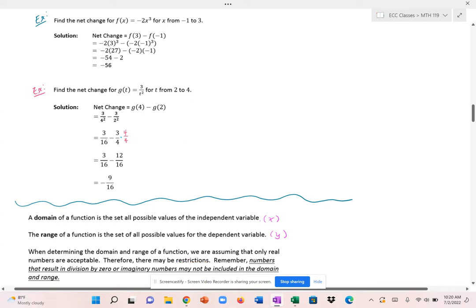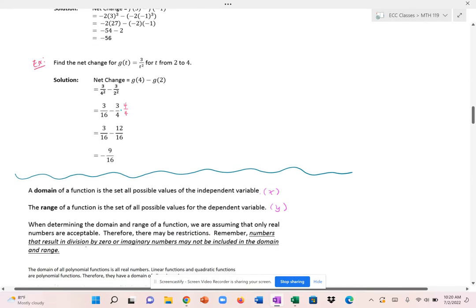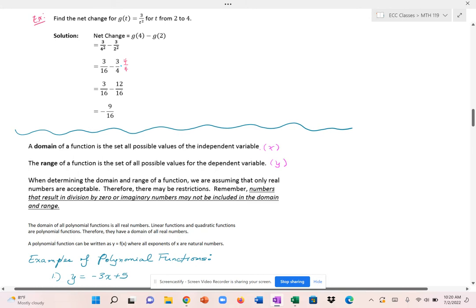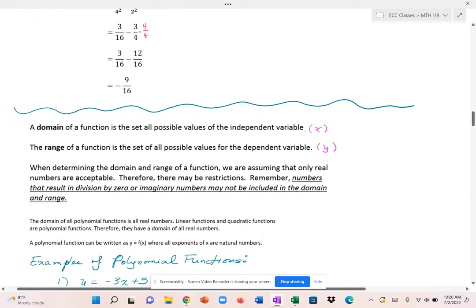Keep in mind that you can't divide by 0, so anything that results in division by 0 would have to be restricted from the domain. And imaginary numbers are not part of the real number system, so that would have to be omitted from the domain. And for the range, no imaginary results.